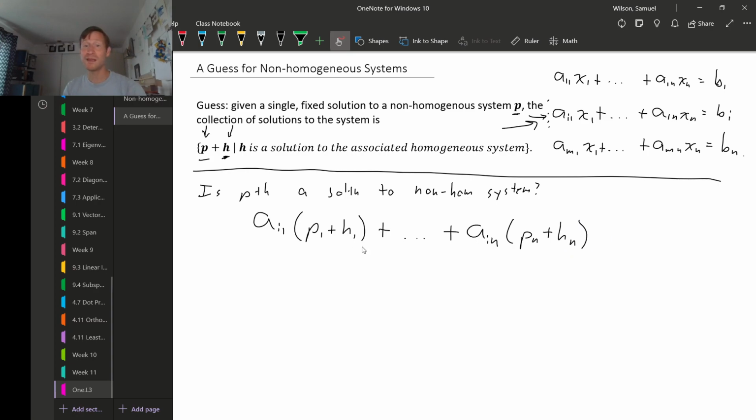Now we're hoping that we can do some calculation that shows that this is equal to b sub i. We can't just write equals b sub i. That's assuming what we want to prove.